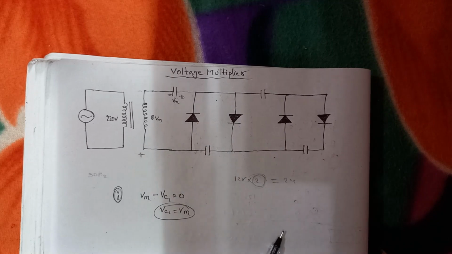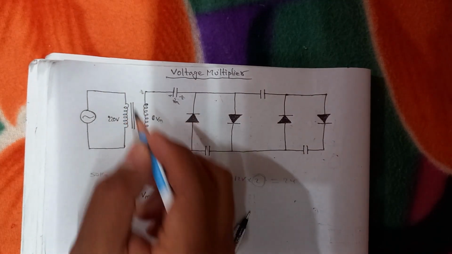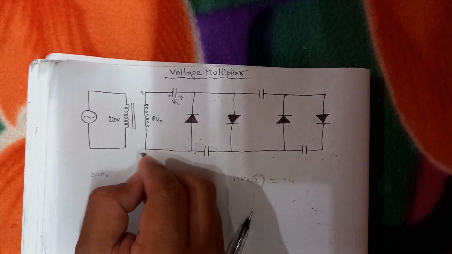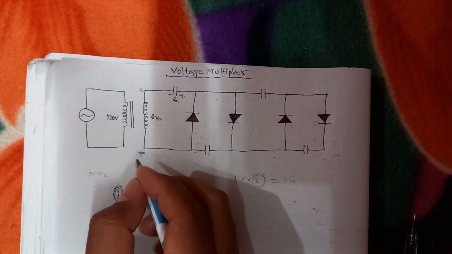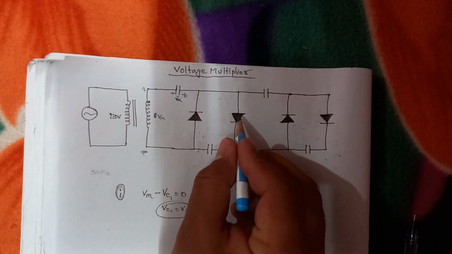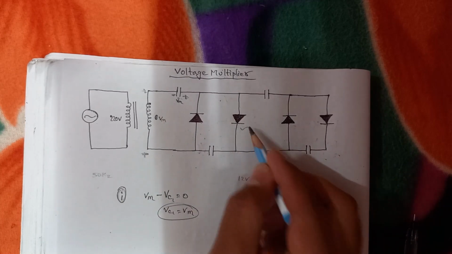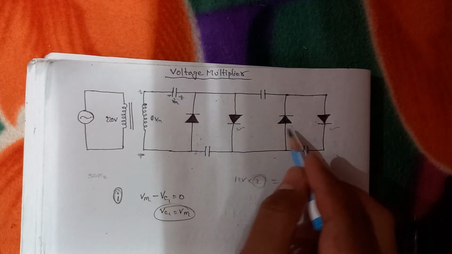In the other case, this terminal will be positively charged and this terminal will be negatively charged. This is negative now. Positive is connected with positive, so these two diodes will be forward biased and these two will be reverse biased.